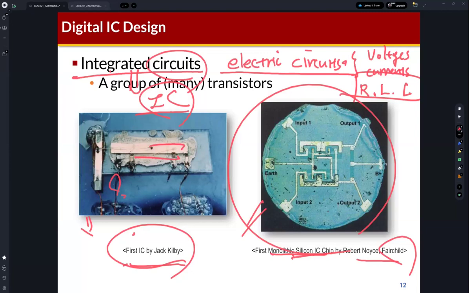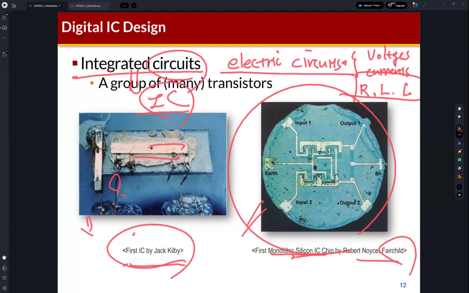So this is the photo of the first integrated circuit, called a transistor. The first circuit is very simple, obviously, right? The first product is very simple, and this circuit includes a very small number of transistors.